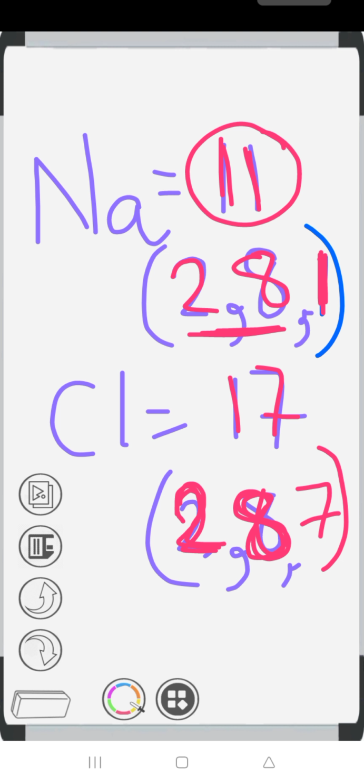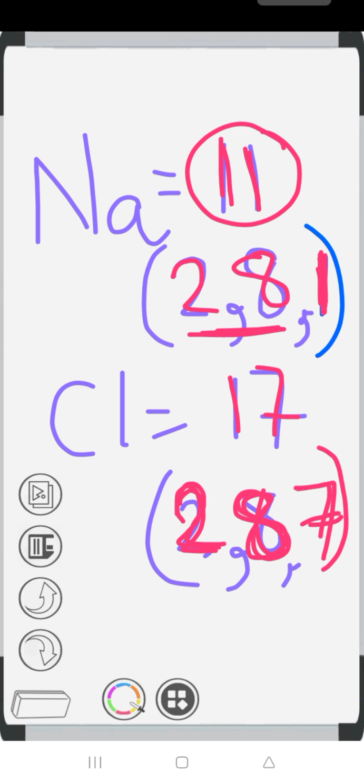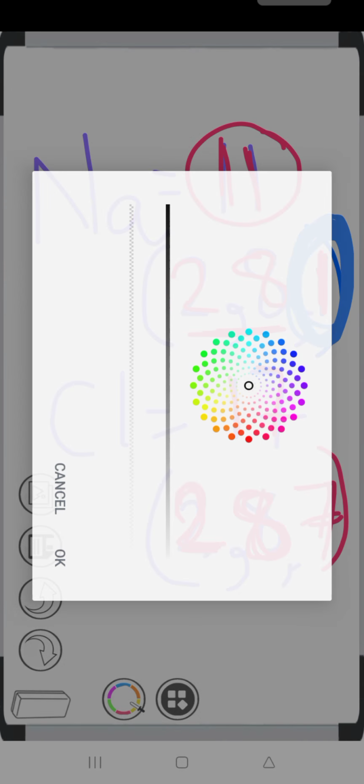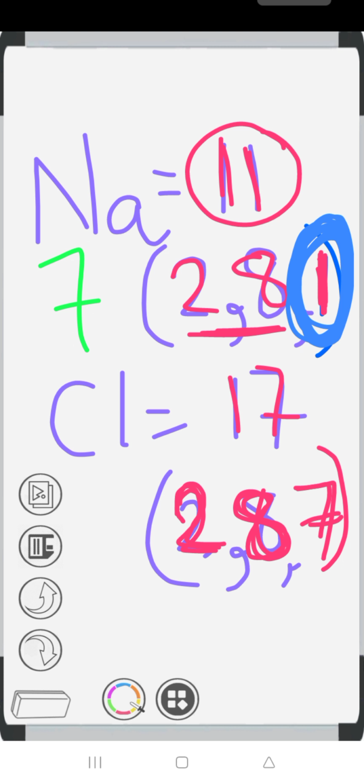That is compulsory, and the remaining electrons are in the third orbit. So remaining here it will be 7. Look at this. How many electrons does it need? 7 electrons are needed to make 8. Every atom is trying to complete its stability. 8 electrons are needed here, but what is the number of electrons sodium has? It has only 1. So how many electrons does sodium need, everyone? 7.